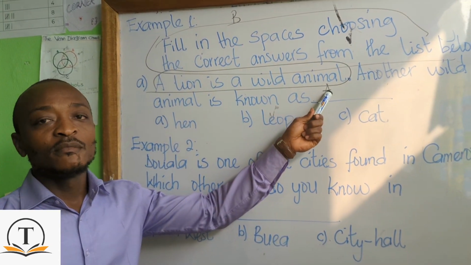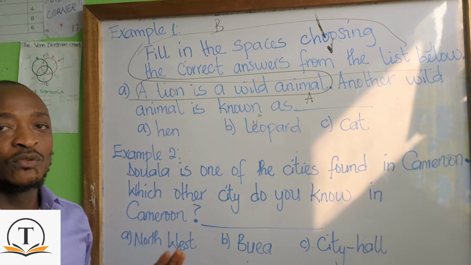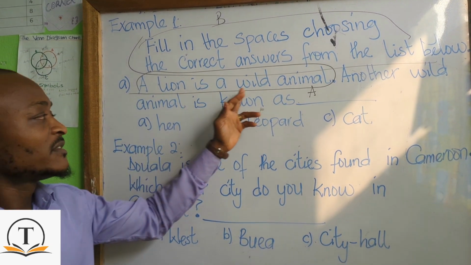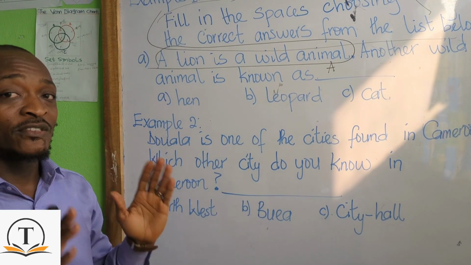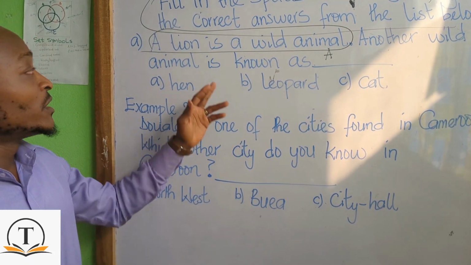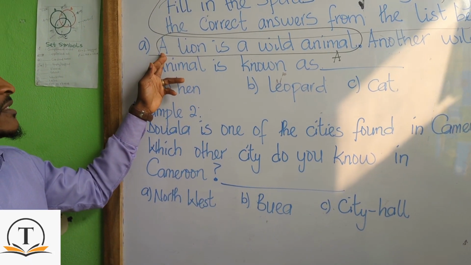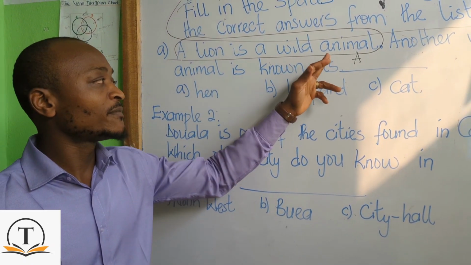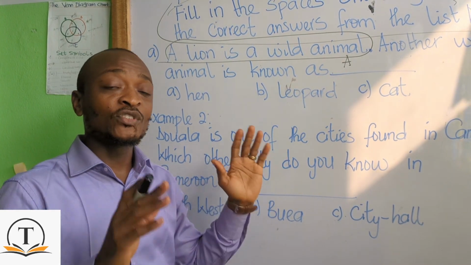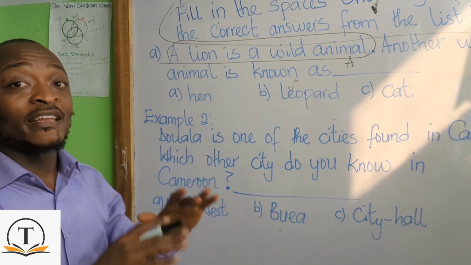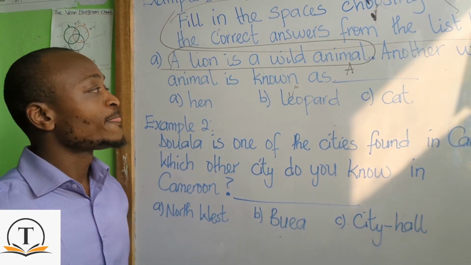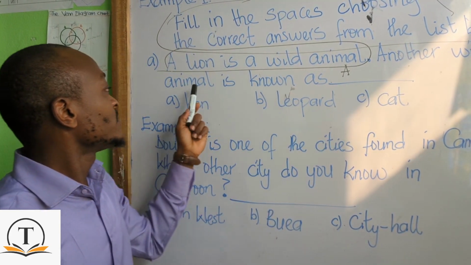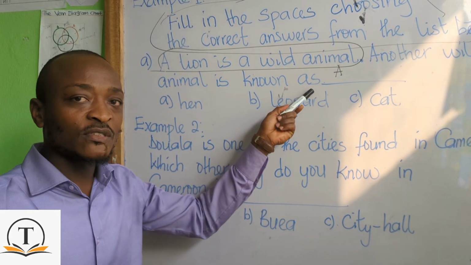Now, A is obviously the stimulus, because the first sentence, like I told you, the stimulus facilitates reflection. When the learner reads this first sentence, a lion is a wild animal, it gives the learner already an idea of what he or she is to see subsequently. Now, another wild animal is known as.